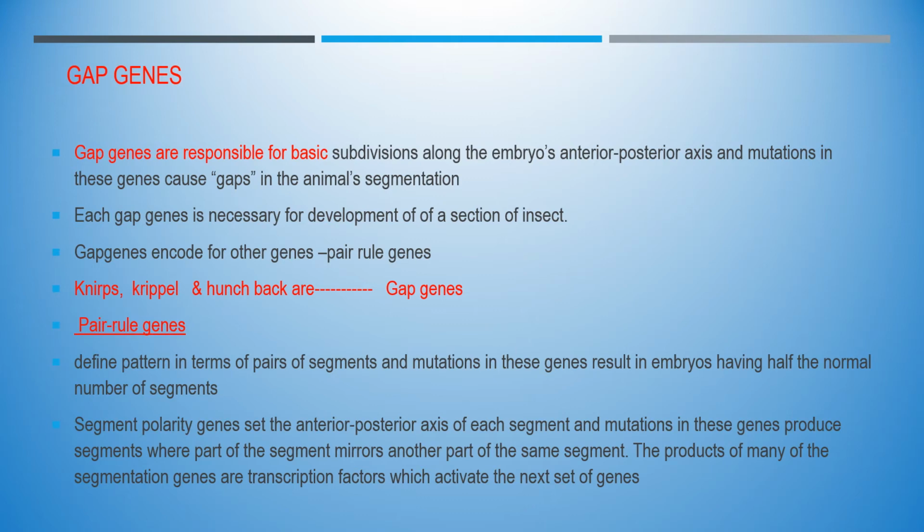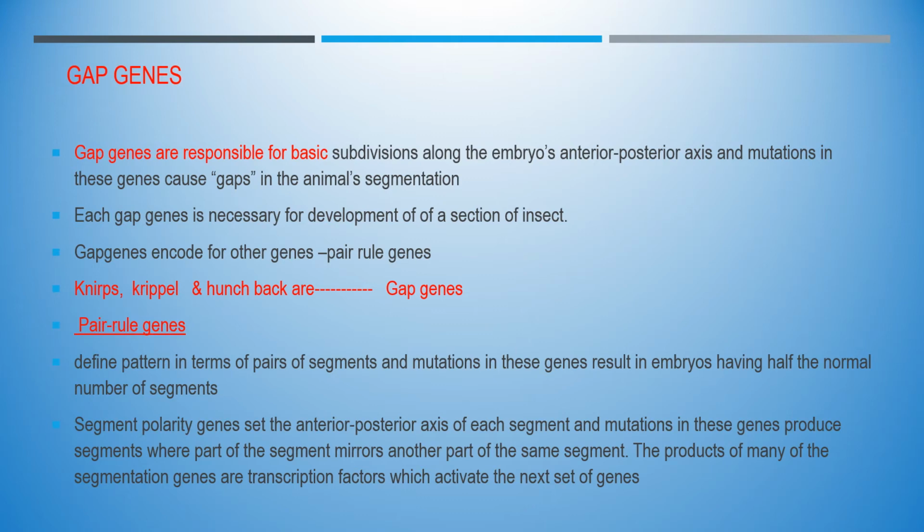So gap genes encode certain proteins which activate the pair rule genes. A few examples of the gap genes are knirps, cripple and hunchback. These are certain types of gap genes, or you may call them protein factors which transcribe and translate for the further activities.